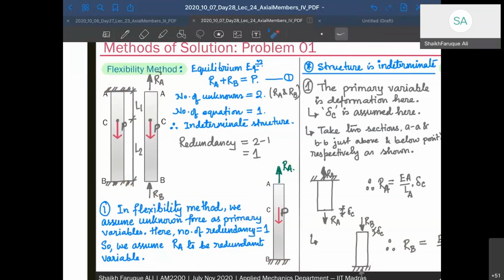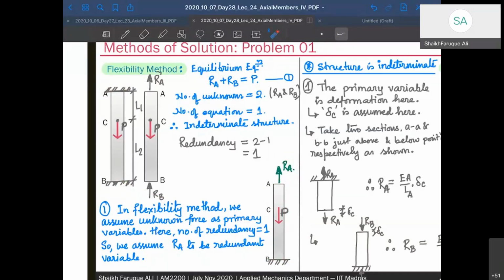If RA is given to you, what we are assuming right now, then this problem is a determinate problem. Right? P is known, RA is known, and there is only one boundary. Then you can always solve for B in terms of RA and P, right? So that's what the flexibility method is.